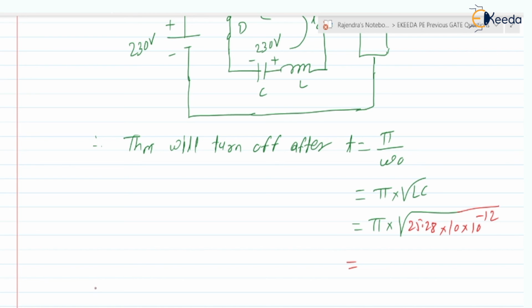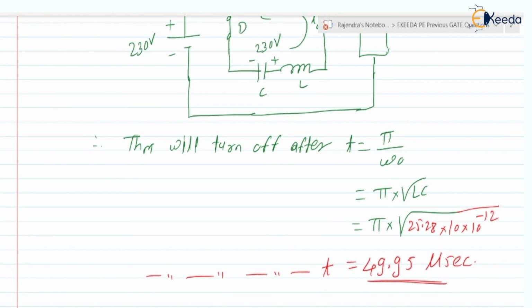So it is 15.79, pi root LC, so it will be 49.95 microseconds, okay? So here the main thyristor will turn off after this instant.